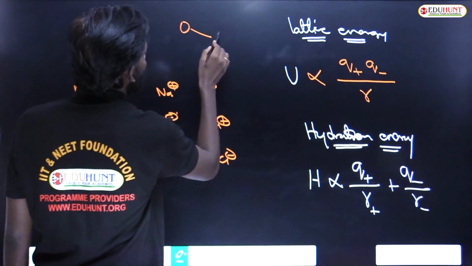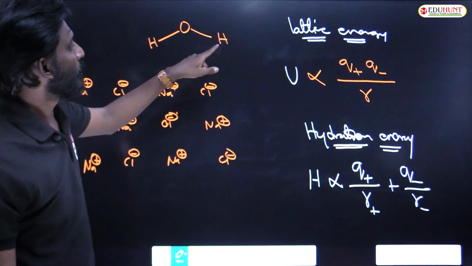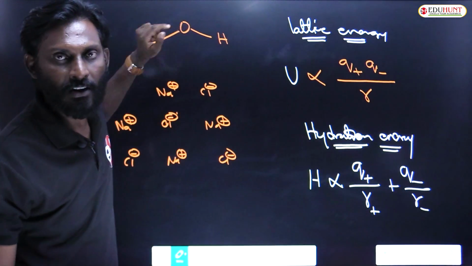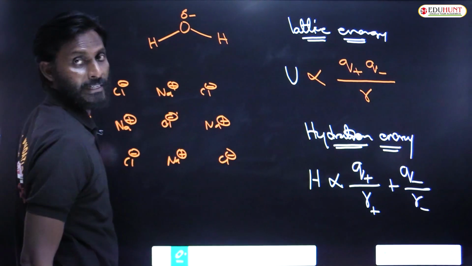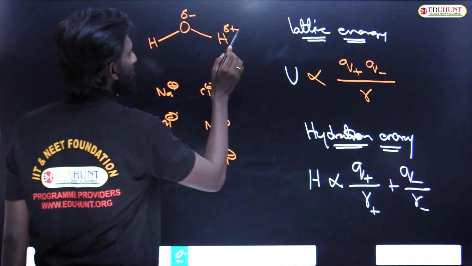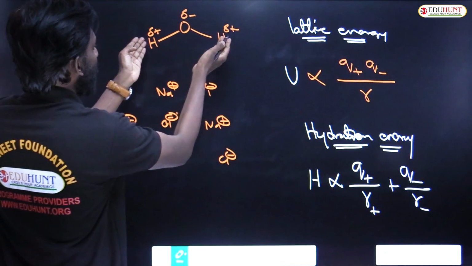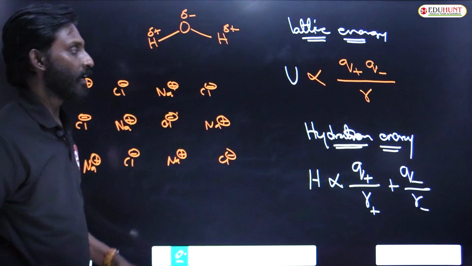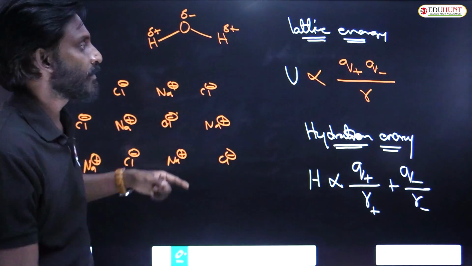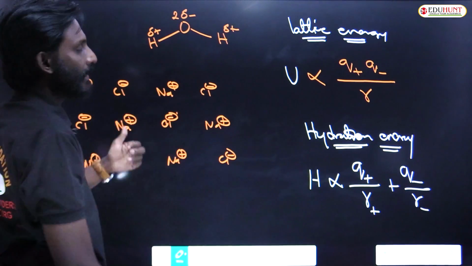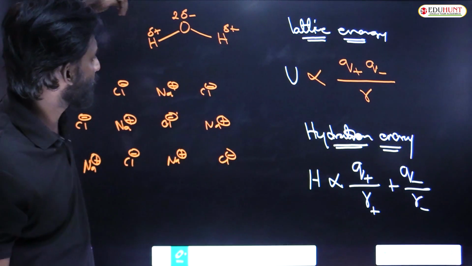I hope you know the structure of the water molecule. Compared to hydrogen, the electronegativity of oxygen is more. Because of that, oxygen will be partial negative and hydrogen will be partial positive. So there is a dipole, a negative pole and a positive pole.